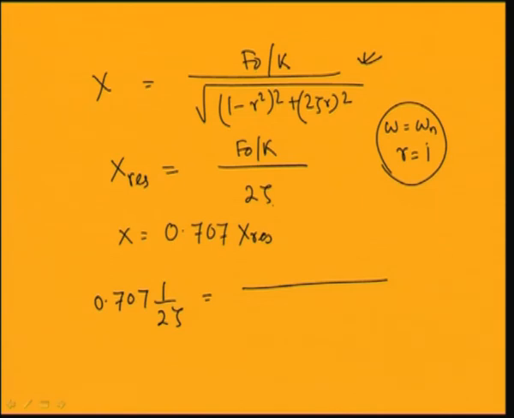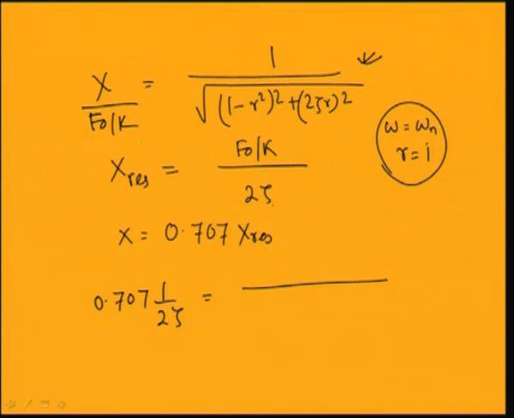So, this x by f0 by k I can write equal to 1 by root over this. In this I will substitute x resonance by f0 by k equal to 1 by 2 zeta.